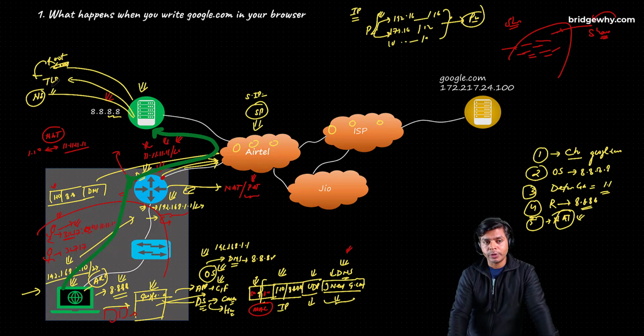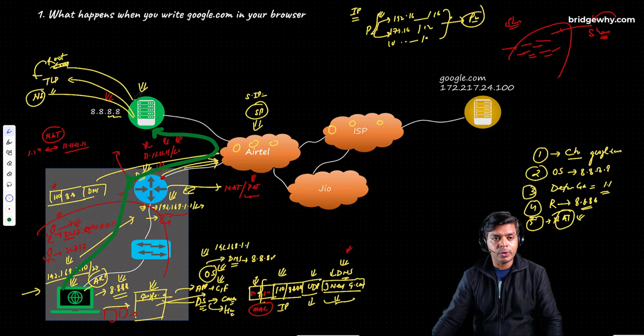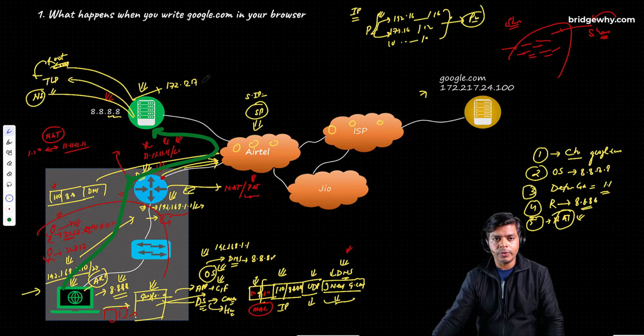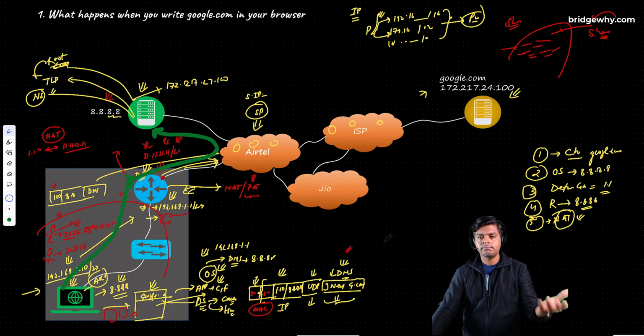But eventually, what is going to happen? This guy will know that the google.com IP address is 172.217.24.100, which is exactly written here. As simple as that.